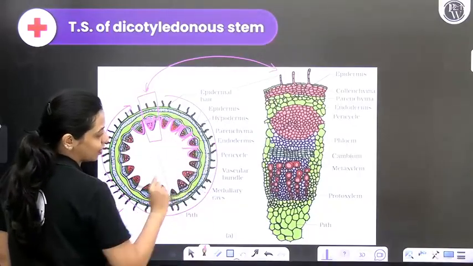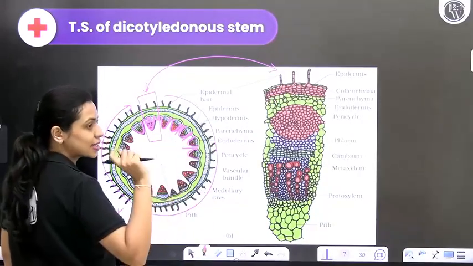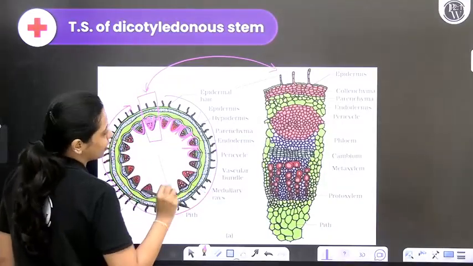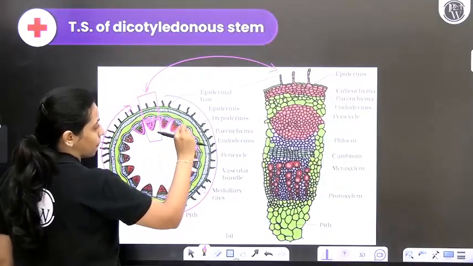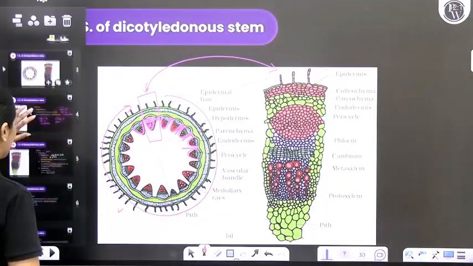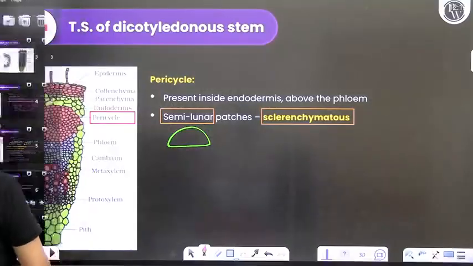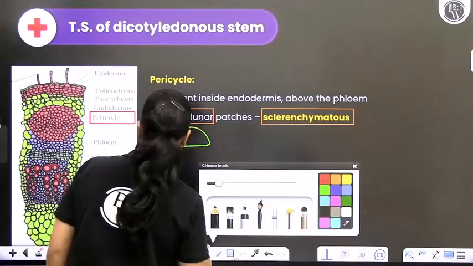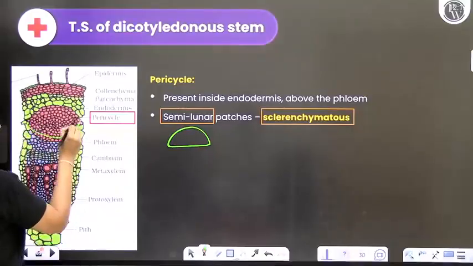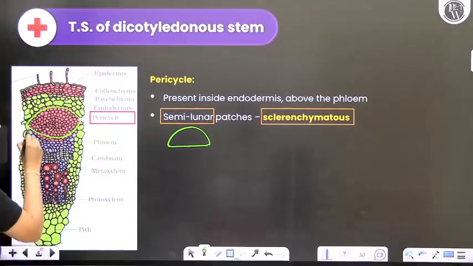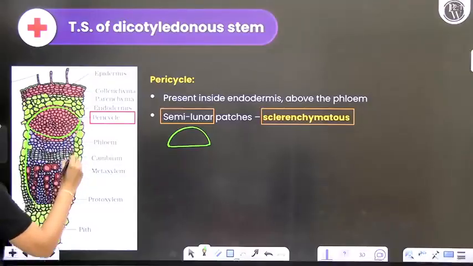Wherever vascular bundle is not there, sclerenchymatous pericycle will not be present. If a vascular bundle is present there, right on top of the vascular bundle, it forms a cap-like structure. You can see here, this is the pericycle. It is made up of sclerenchyma. It forms a cap-like structure only where your vascular bundles are present.